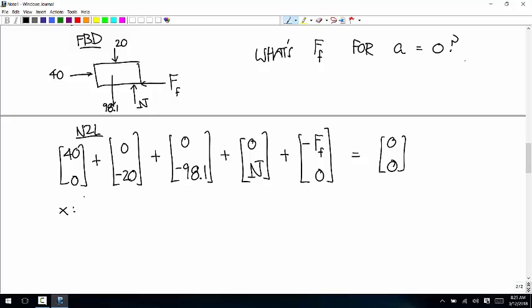Okay, so the x equation says 40 minus FF is equal to 0. So that force of friction is equal to 40 newtons. This is the force that would be required to stay at rest.